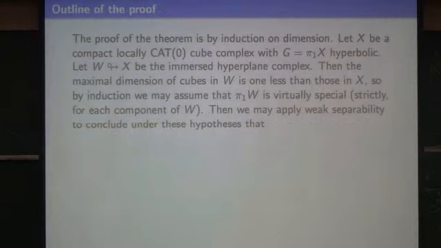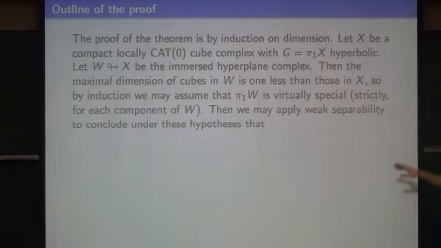So now I want to talk about the proof of the virtual special theorem. The proof of the theorem is by induction on dimension. So you let X be a compact, locally CAT(0) cube complex, G is pi one of X, a hyperbolic group, delta hyperbolic.